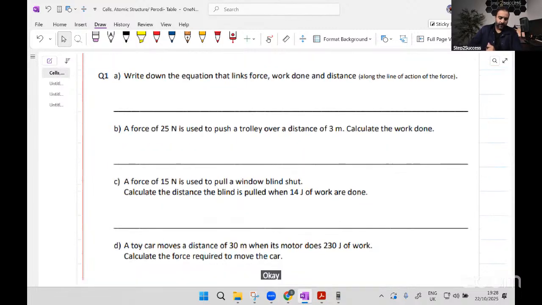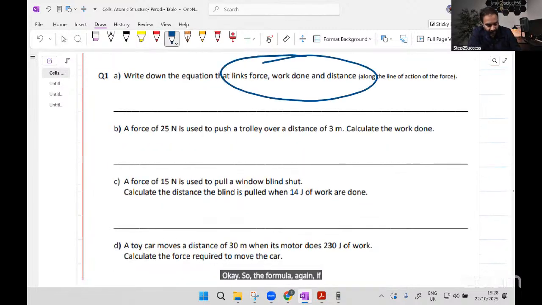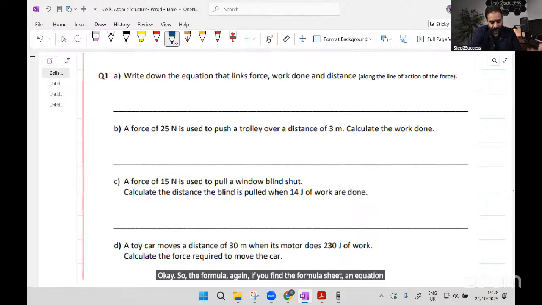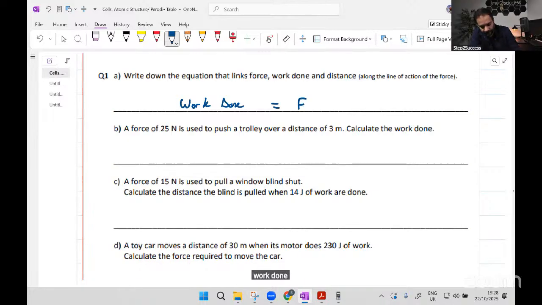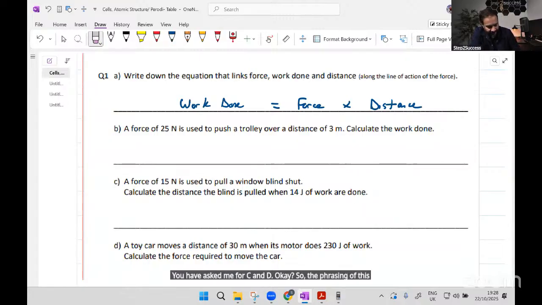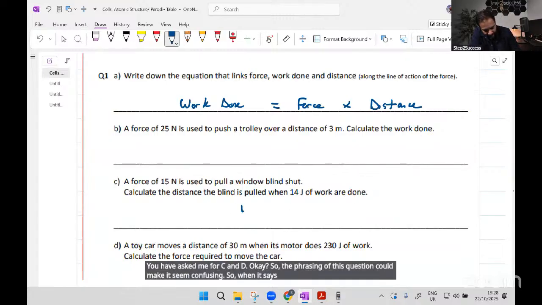Okay. So the formula, again, if you find the formula sheet, an equation that has force, work done, and distance in it, you should find something that says work done equals force times distance. You have asked me for C and D. Okay. So the phrasing of this question can make it seem confusing. Just to be clear, work done equals force times distance.